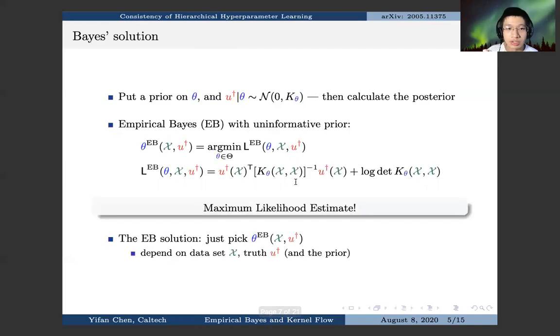If we adopt the empirical Bayes, the EB perspective, and we assume an uninformative prior on theta, then we get a point estimator theta EB given by the minimizer of the following EB loss function. It will be the negative log likelihood of some Gaussian measure. Essentially, it's doing maximum likelihood estimation. The EB solution will depend on the dataset X and the ground truth U dagger, so we write them explicitly here.